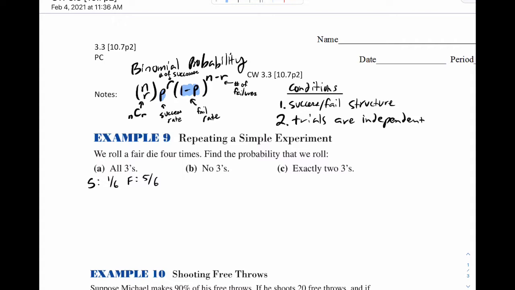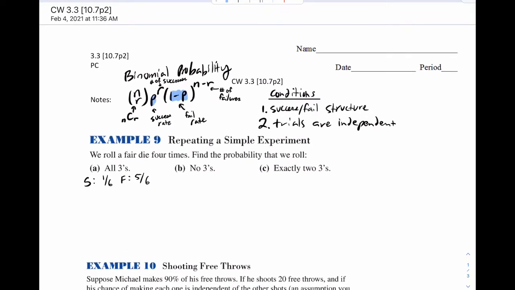Each individual trial is going to be independent, meaning they're separate from each other. So there's no effect between trials. So for example, drawing cards would not fit in this category because once you draw a card, the next card is affected by what you've already drawn. But rolling dice is a great example.